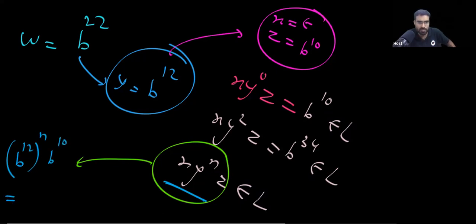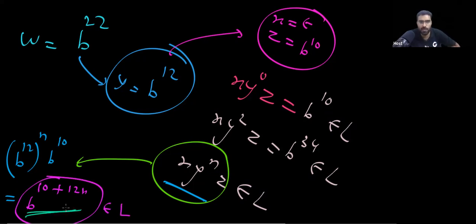This is b power 10 plus 12n. Yes or no? And this is already given that this is a part of the language.